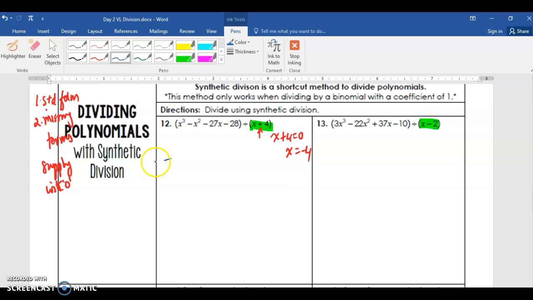You would put the divisor here and draw a line, a curve. Then look at the coefficients of each term in the polynomial, in the dividend. So here the coefficients are 1, -1, -27, -28.